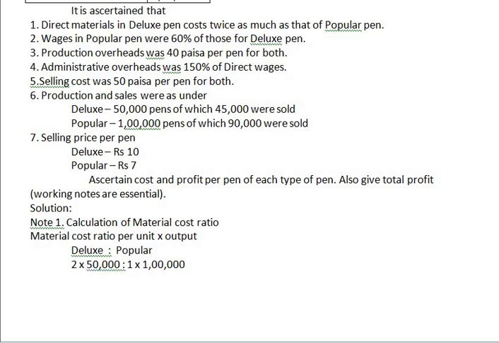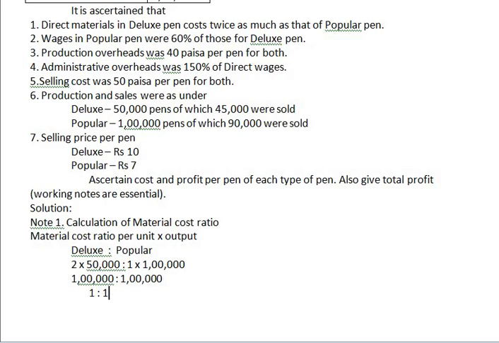Now just multiply this. So this will be 1 lakh is to 1 lakh. So here the ratio will be 1 is to 1. Hope everybody has understood this ratio.